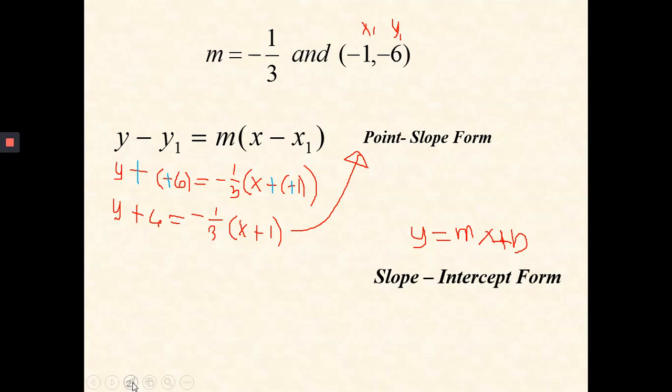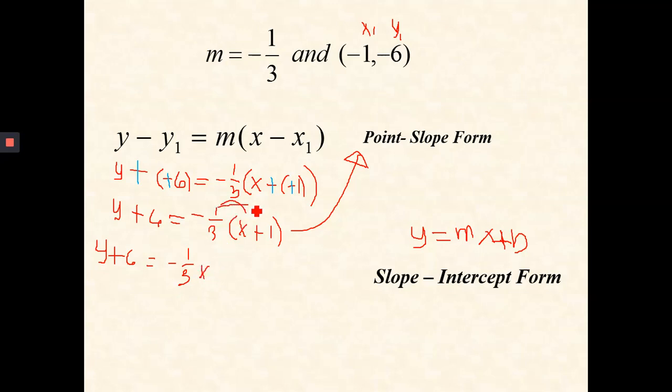All we need to do is apply the distributive property in order to remove the grouping symbol. So you now have y plus 6 equals negative 1/3 times x, that is negative 1/3 x.